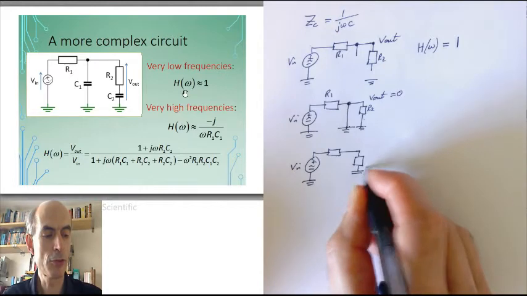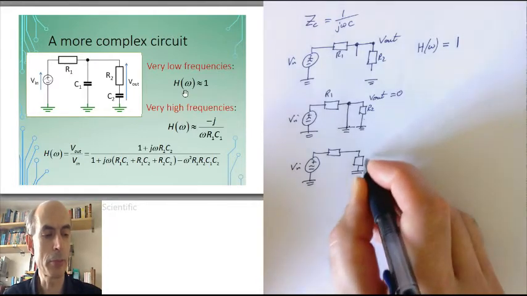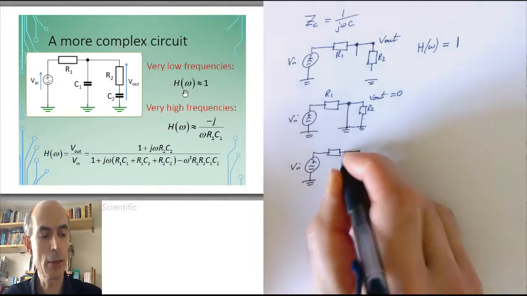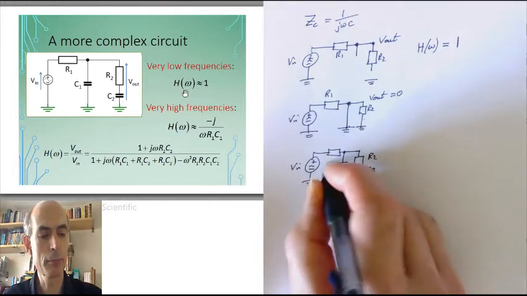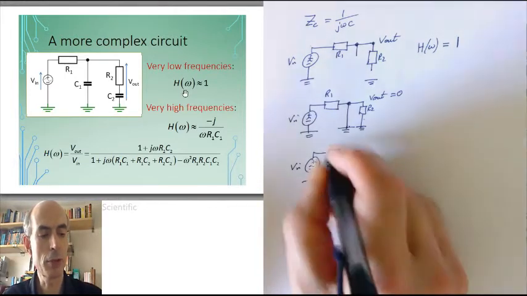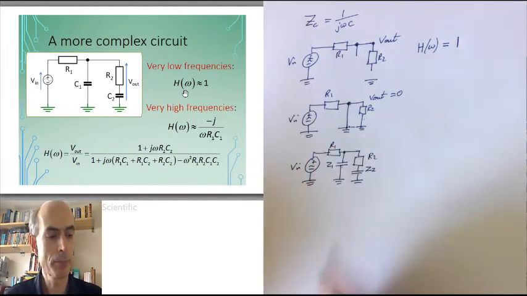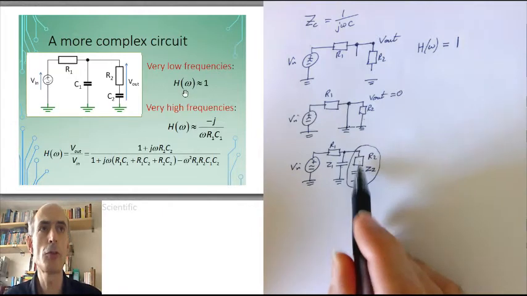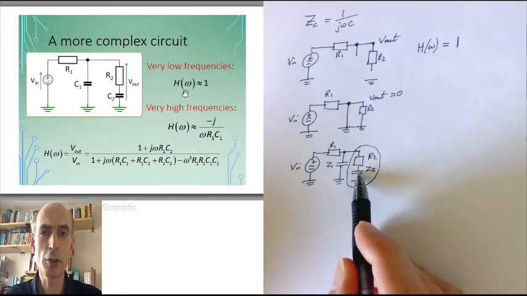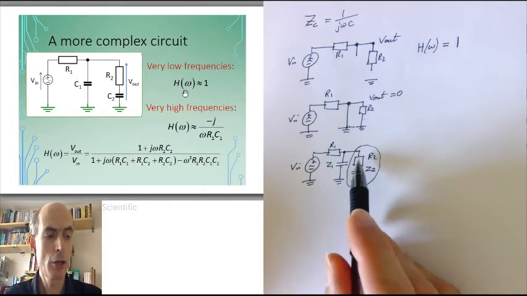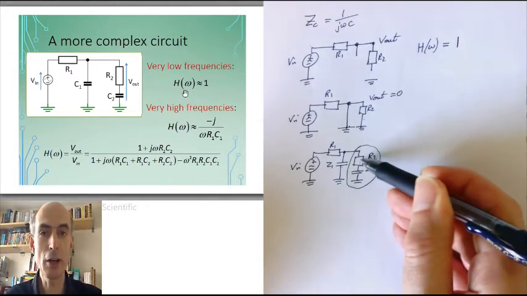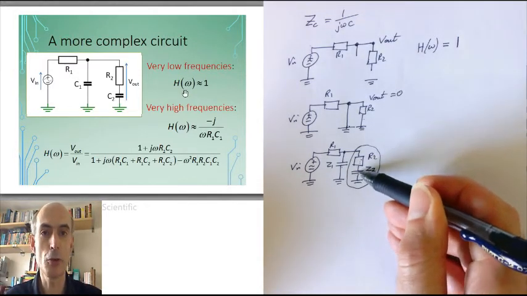If I write this as Z2 for the time being, it's the complex impedance of capacitor 2, and this as Z1, complex impedance of capacitor C1, then I could note that these 2 components here are in series. You work out the total impedance of 2 components in series by adding up the impedances of the 2 components.